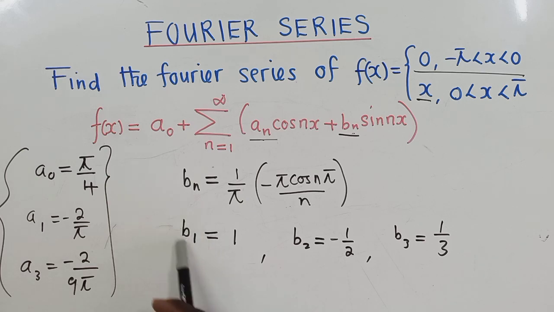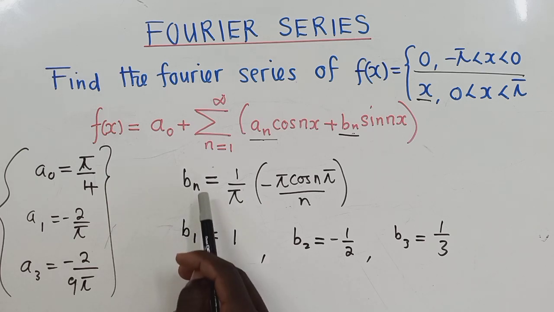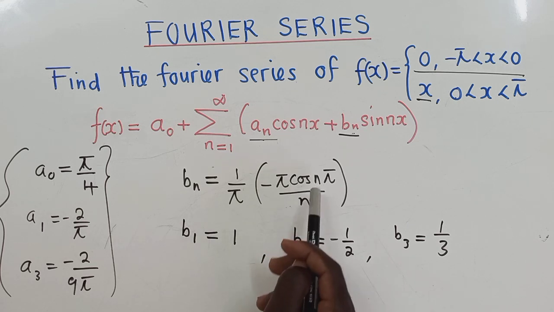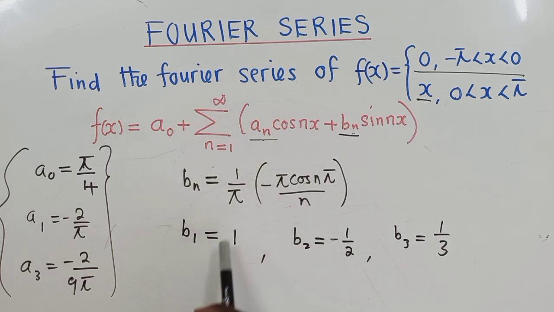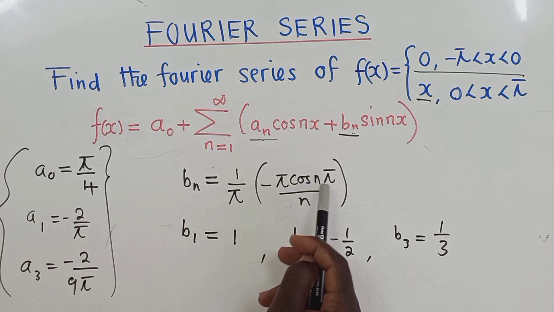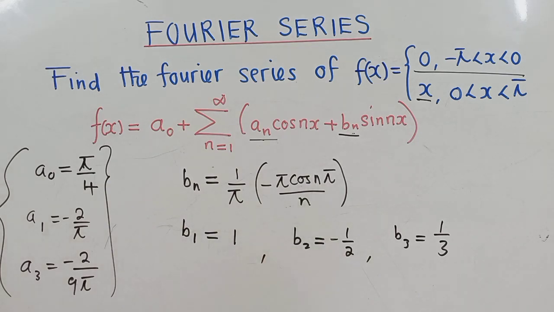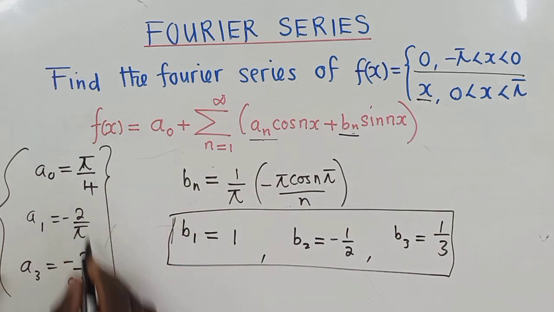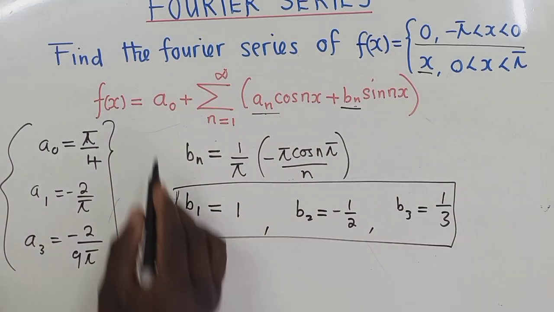When we want to find B1, we get a 1, put it where n is, here and here, we solve, we'll end up with the 1. For 2, we put a 2 here and 2 here, we solve, we end up with this, just like that. So now we have this right here, very important. So we can plug them in our formula.